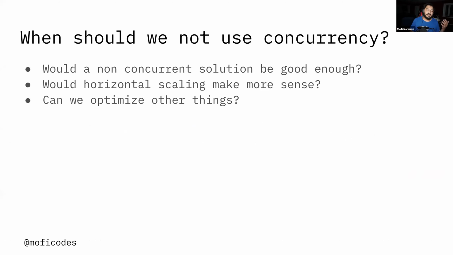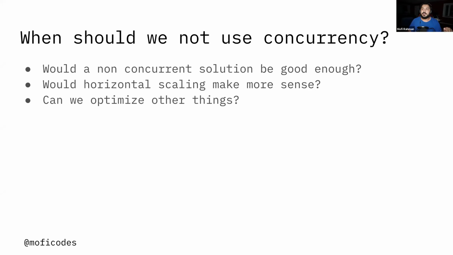So number one, some questions to ask yourself when you're trying to solve a problem with Go. Number one, would a non-concurrent solution be good enough? If you're building a web application that has a lot of users, a lot of usage, concurrency is not going to make that usage go down. If every single usage is being executed concurrently, you might overload your system. So first thing is, if you just write the application in a synchronous manner, it's easy to understand, easy to run.